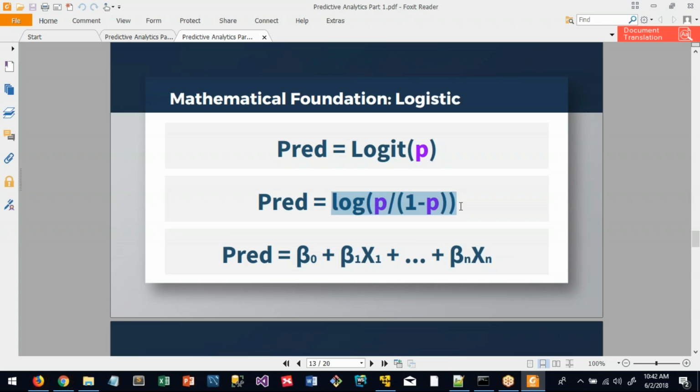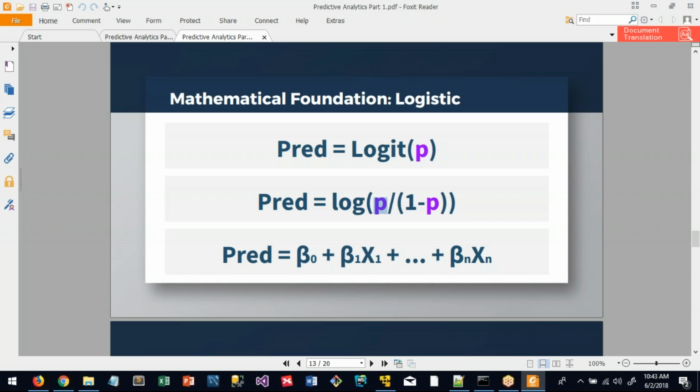So log of p divided by 1 minus p means whether the specific value of pred here will turn out to be of a specific case. Whether a person would get a heart disease, whether India will win, whether a person would develop hypertension, whether it will rain, whether it will be sunshine today, or whether my fuel will be all consumed in this trip.